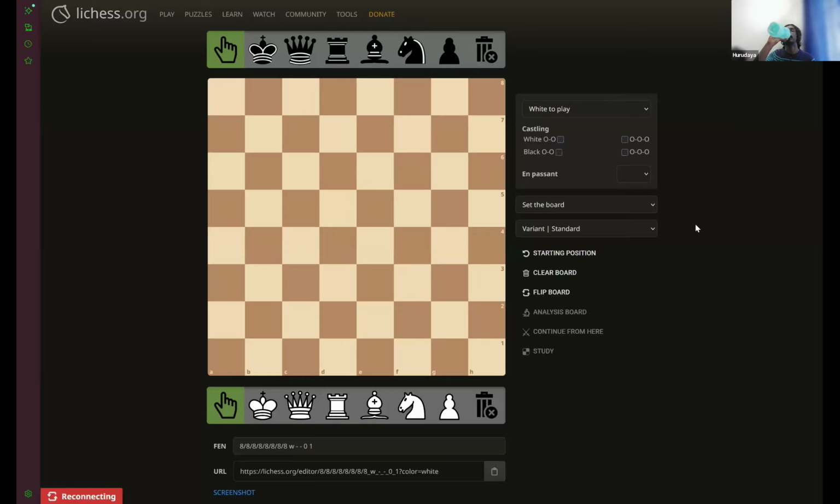Can two queens be in the same line, column, or diagonal? Yes, they can attack each other this time. There's no condition like last time.